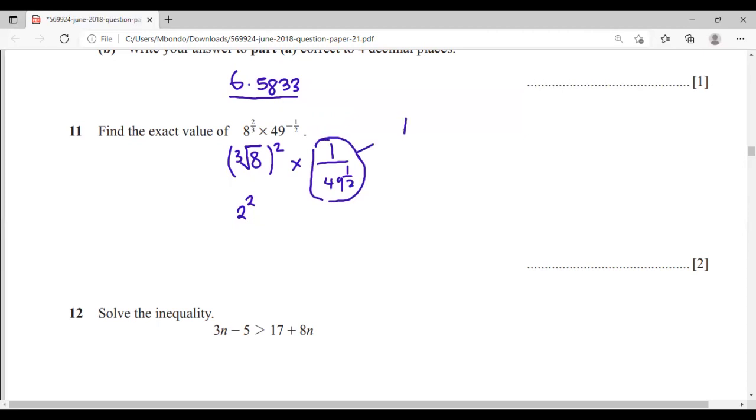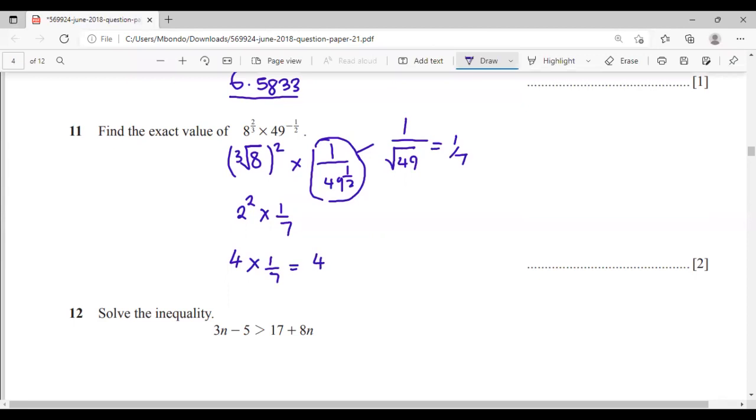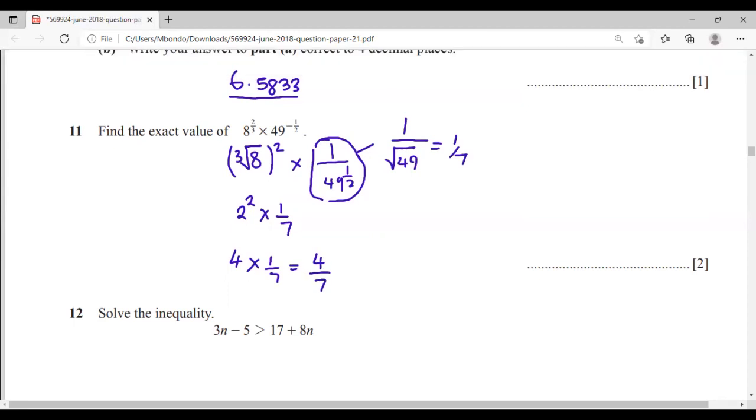So this is going to be 1 over, we write the part below here as 7 squared. So this will give us 1/7. So here, what we're going to bring down is 1/7. And you know that this is equal to 4 multiplied by 1/7. So the final answer here is going to be 4/7. That's what we're going to get.